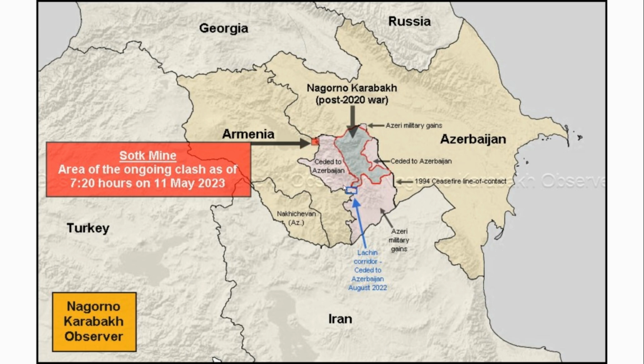The blue area shows the Lachin corridor. Recently, Azerbaijan put a border, an official border, on this area. Before 20 May 2023, Armenians were entering Karabakh without any check.